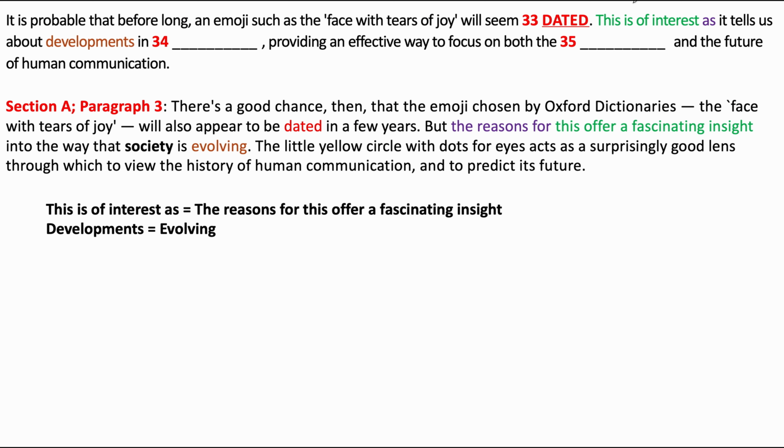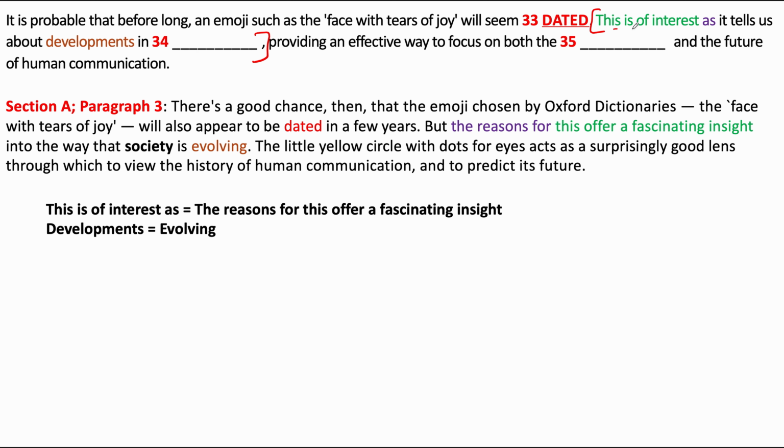Let's continue with this part of the next sentence now, which has the 34th question. This is of interest as it tells us about developments in something. The question says that this thing about the emoji becoming old fashioned is interesting because it helps us to understand developments in something.